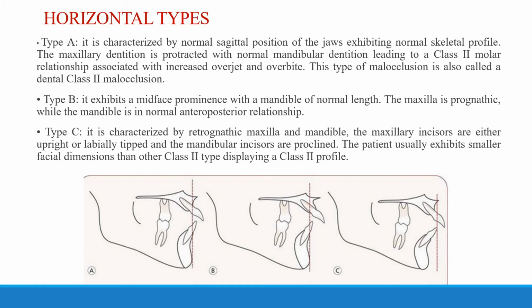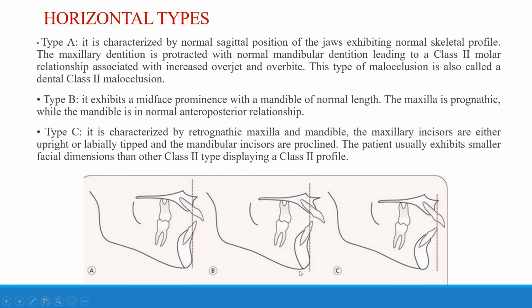The maxillary dentition is protracted with normal mandibular dentition, leading to class 2 molar relationship associated with increased overjet and overbite. This type of malocclusion is also called a dental class 2 malocclusion.